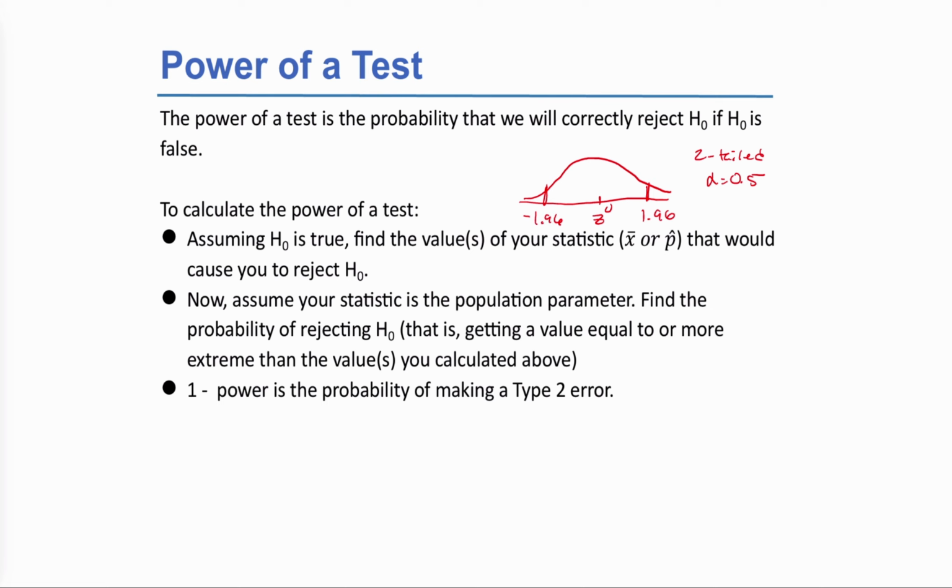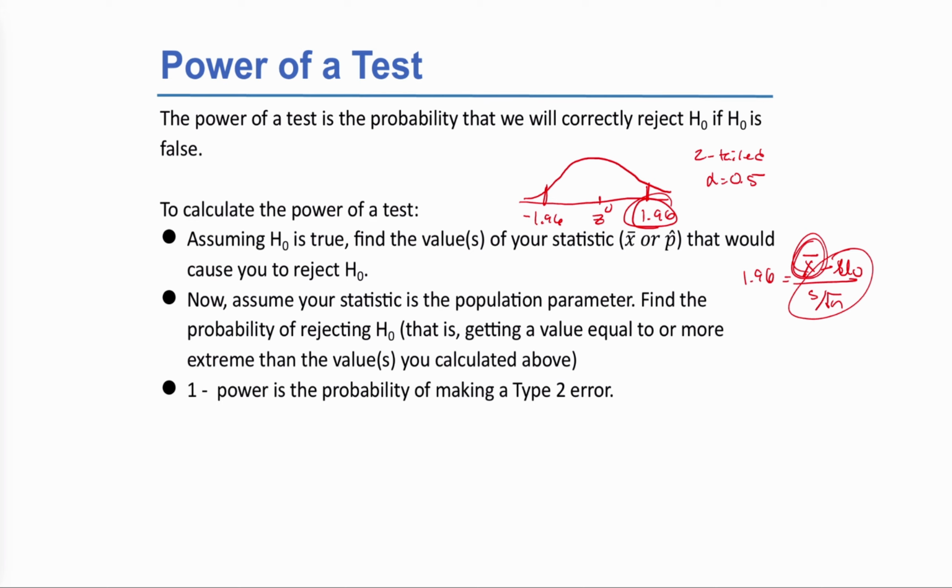So what you could do is use your z-score of, for instance, 1.96 to be your x-bar or p-hat minus your null value over your standard error, and you know what all of these things are, so solve for an x-bar, or you do the same thing for a p-hat.